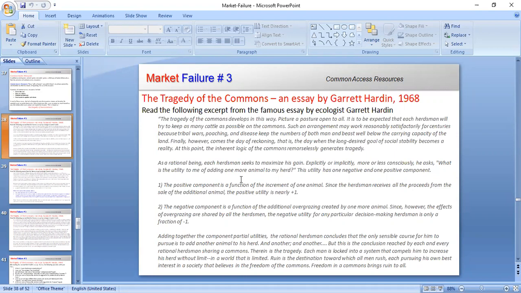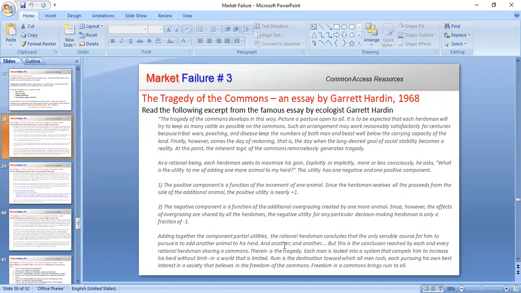But at the same time, this benefit would be counteracted by negative consequences like overgrazing and soil erosion, right? Because if these animals were grazed in the same place, then we would have problems of overgrazing and soil erosion. So he said that the positive benefits would be offset by the negative ones.